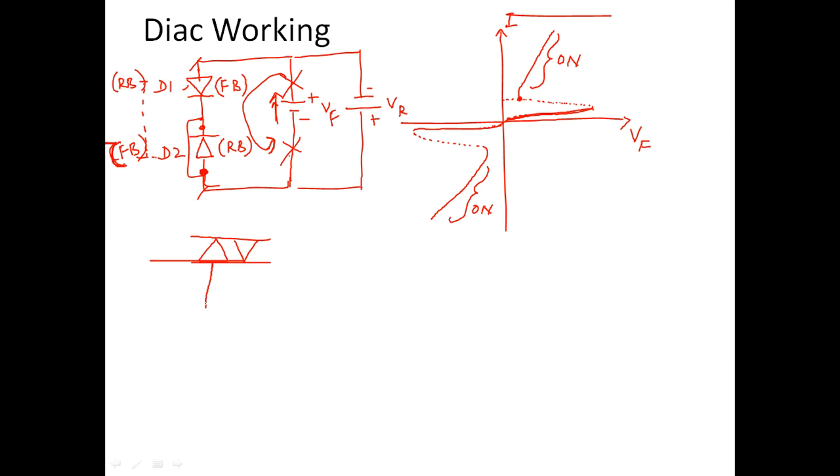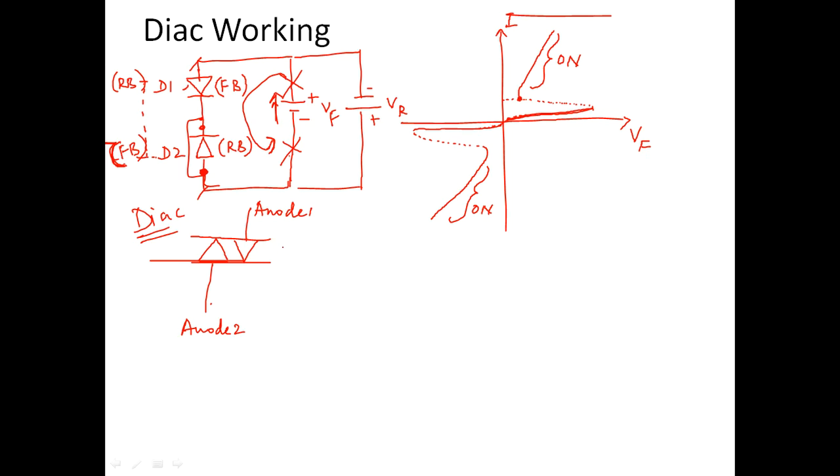Okay, that's the first connection. The second connection, you can call it anode 1 and this is anode 2. So that's the symbol of a diac, which enables the current flow in both the directions. However, there is a drawback here, and the drawback is you cannot control the current flow.